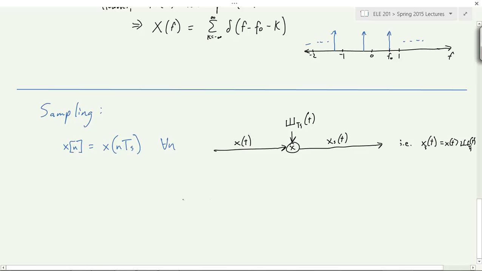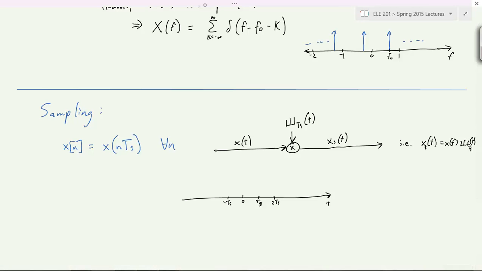Now, why is this sampling? Again, we have a signal. We've got our sampling period. And we have something like that.